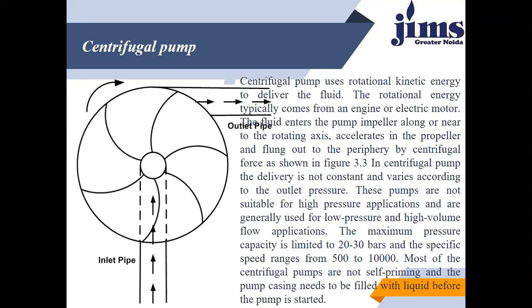But in a single stage, keep in mind, a single stage vane pump can develop pressure only in the range of 15 to 65. So if you are looking for 70 atm or more, you have to club two stages together, so that the pressure will be summed up and its value will be enhanced.